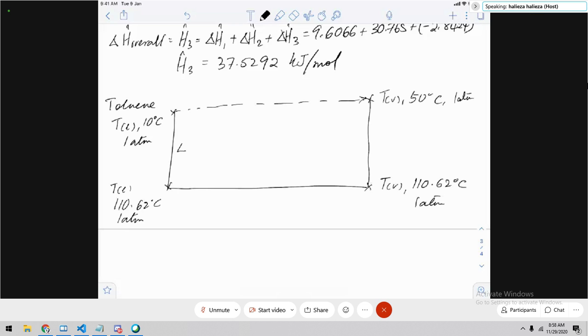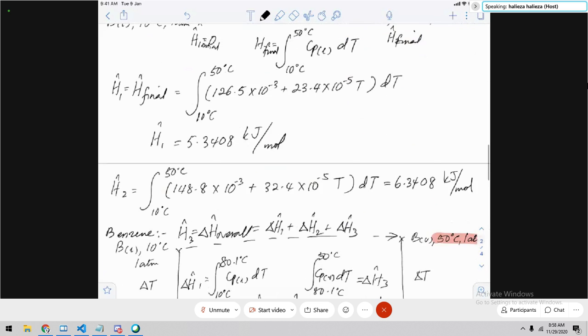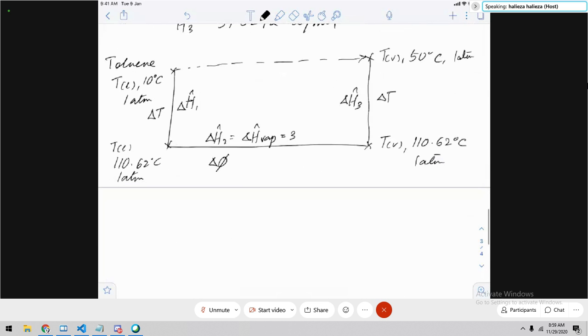So this is a change of temperature, a change of phase, and another change of temperature. This is going to be latent heat 1, change of latent heat 2, change of latent heat 3. The change of vaporization, the latent heat of vaporization, which we looked at earlier, is going to be 33.47 kilojoules per mole.